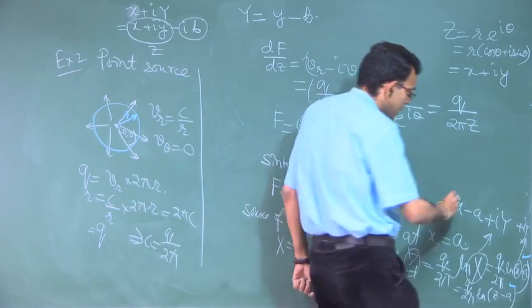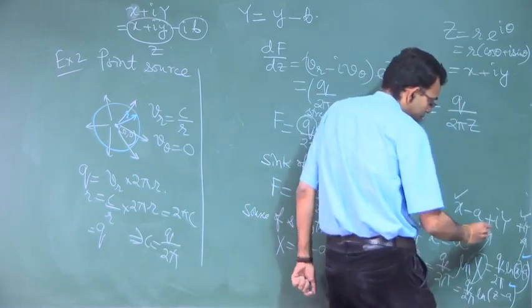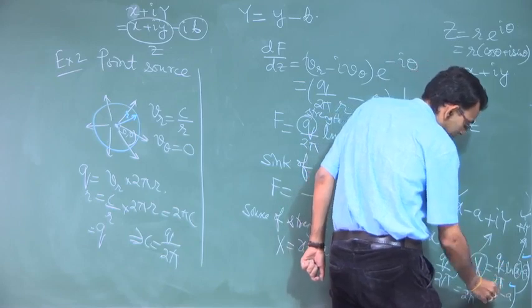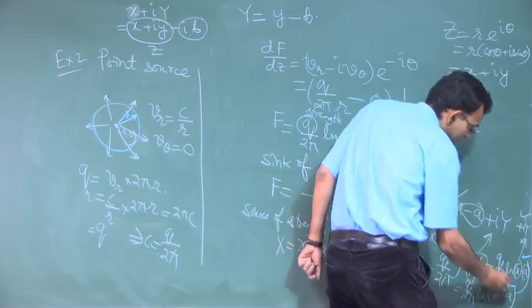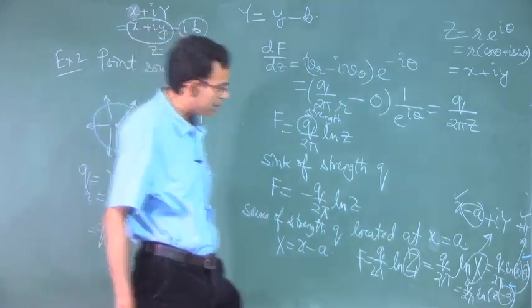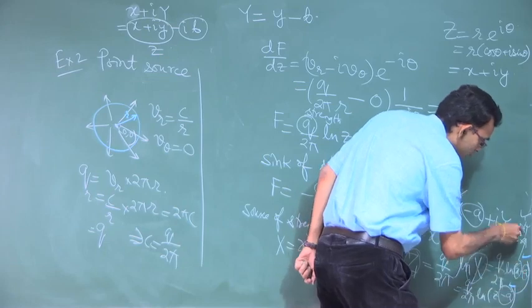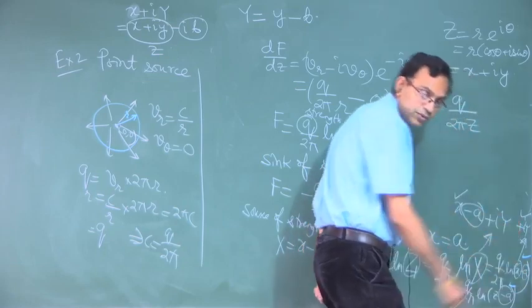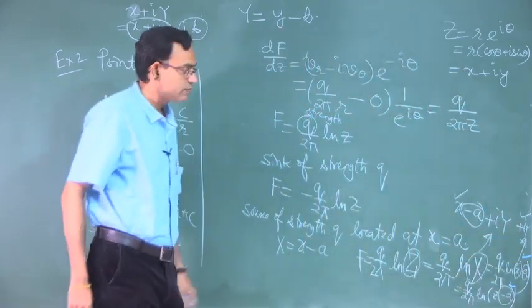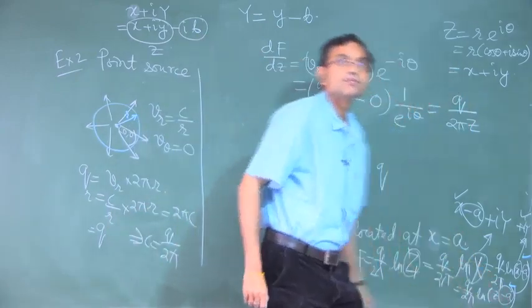So, in terms of the variable you have x plus iy which is z and minus a is isolated which reflects where it is kept. So, this x has to be added with plus iy, but the location is reflected by this one.